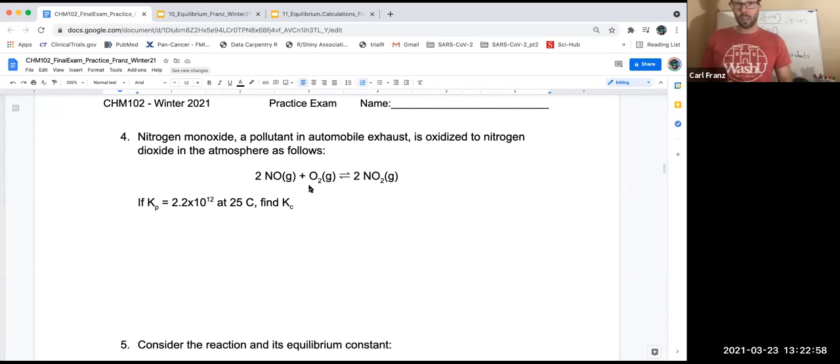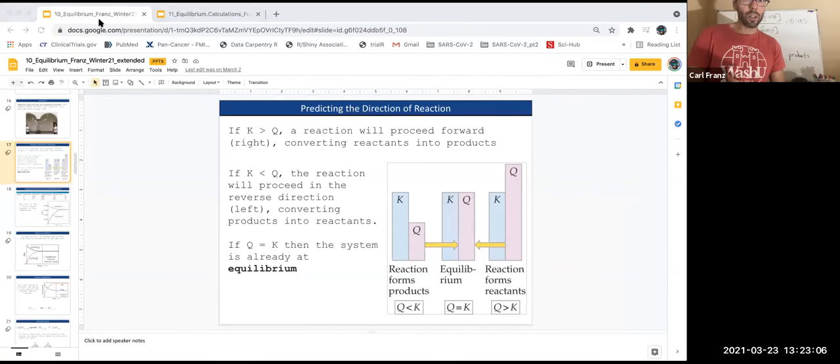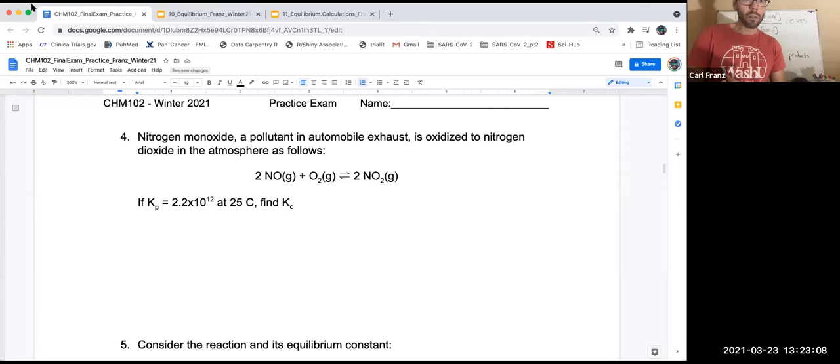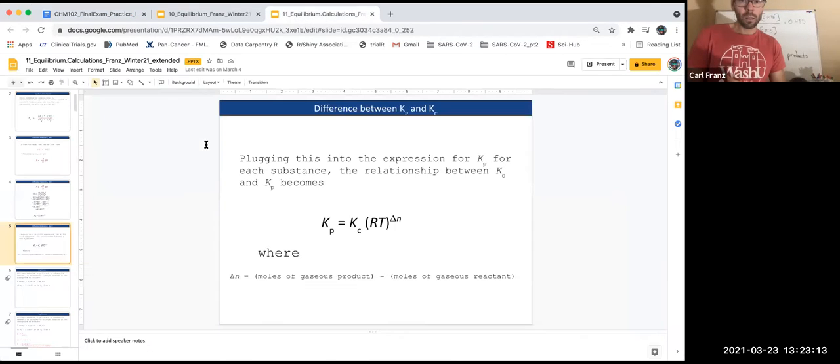Okay, for this, you need to remember the relationship of Kc and Kp. Right here. Kp equals Kc times RT to the difference in moles of the reaction.